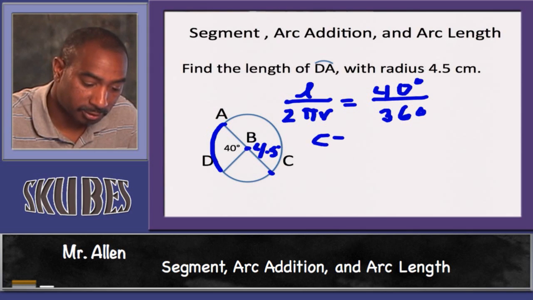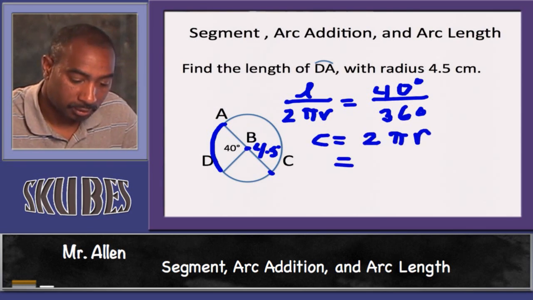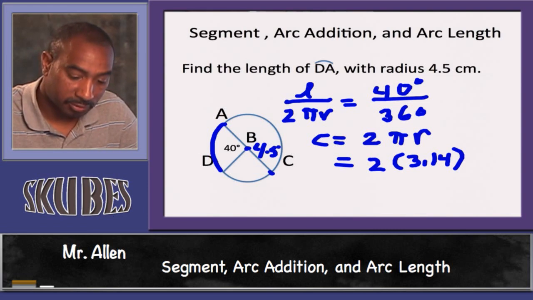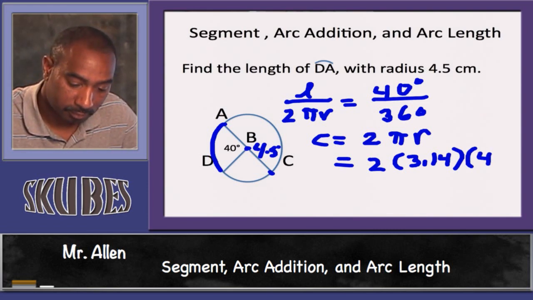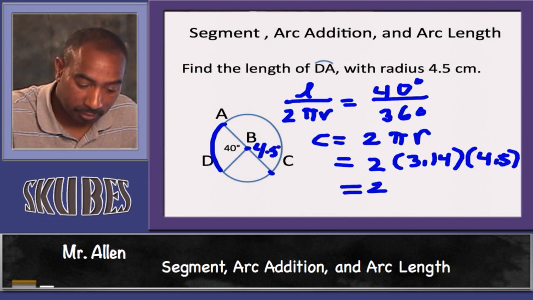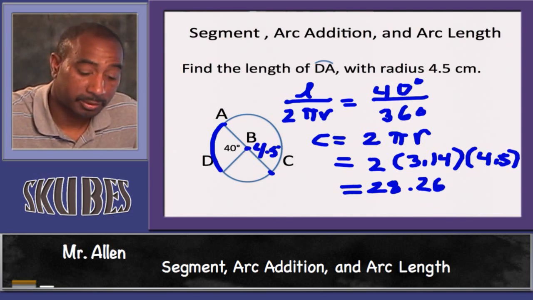We know the circumference is 2 pi r. So you get 2 times, we're going to use 3.14 as an approximation for pi. Our radius is 4.5. So you want to multiply that all together. When you do that, you're going to get 28.26 approximately.